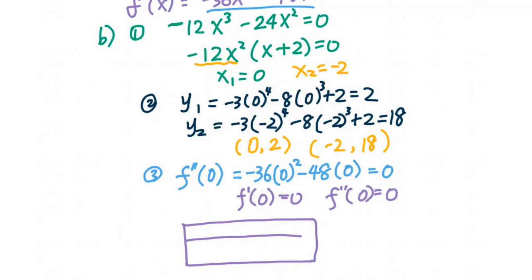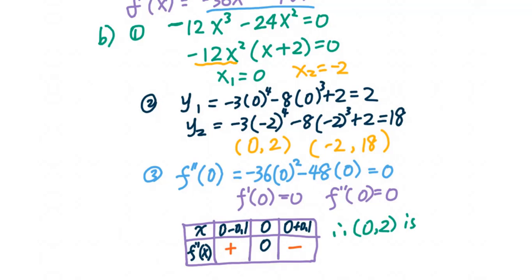We will make a table here using the neighbor value test. This is x, here's f double prime of x. 0, then 0 plus 0.1 and 0 minus 0.1. For this table, you can see the sign change. Therefore, this (0, 2) is a stationary inflection point.